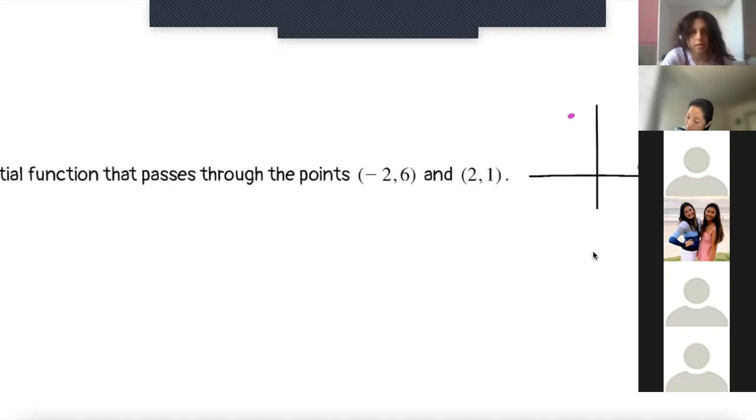Decay. Exactly. We can almost imagine something kind of like this happening, right? And since we have a decay, what does that mean about our B value?